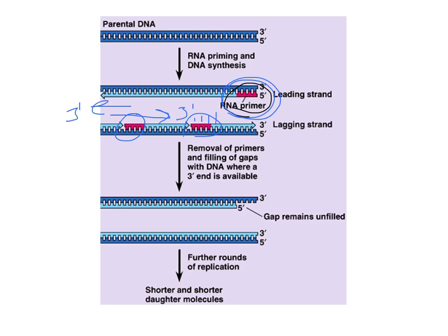On my leading strand, however, when that RNA primer is removed, that is the 5' end of the strand, and you cannot add any nucleotides to that 5' end. Over time, that would end up shortening the DNA, because you've got this gap that needs to be filled, and so basically it just gets cut off.